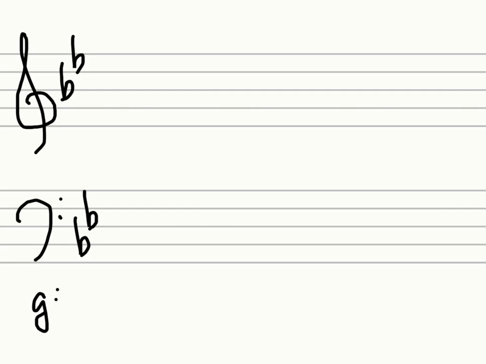Here in G minor, I'm going to write a 7-6 chord. Let's put A in the bass, that's scale degree 2. And let's put F sharp, the leading tone, there.